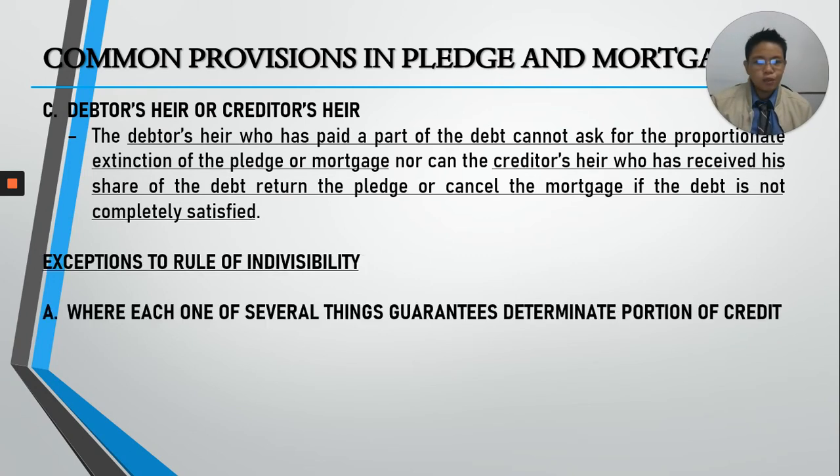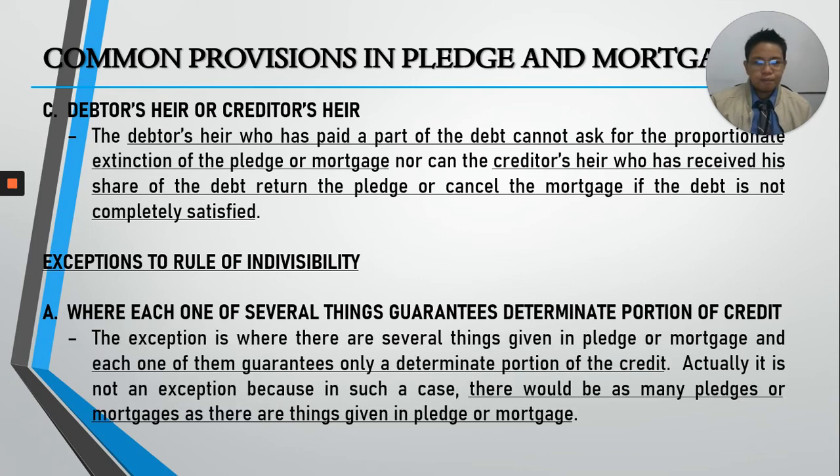What else? Exceptions to the rule of indivisibility. Each one of the several things guarantees a determinate portion of the credit. So bawat isang property, isang portion lang. Each one of them guarantees only a determinate portion of the debt.